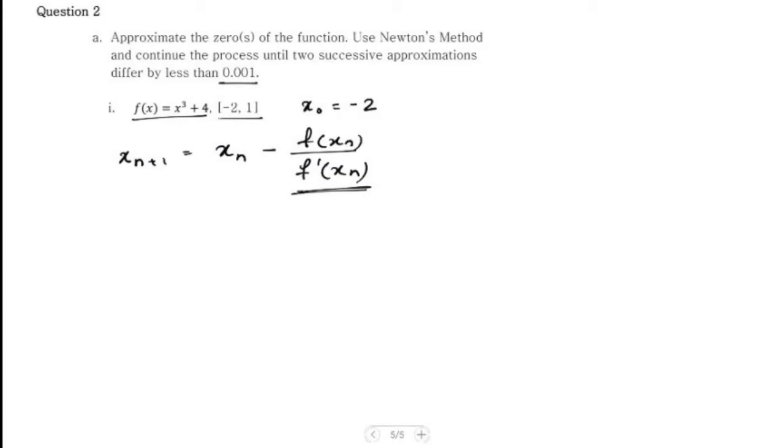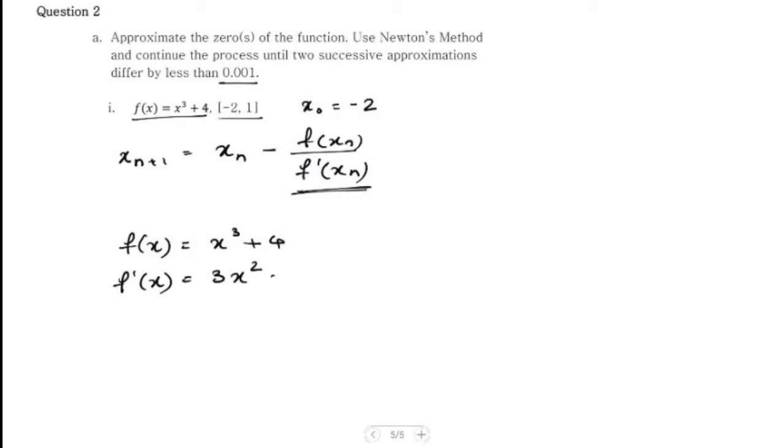So we have the function already, f of x is equal to x cubed plus 4. So what would be f dash of x? We'll have 3 times x to the power 3 minus 1, that's 2.